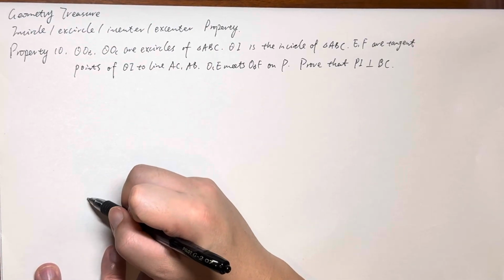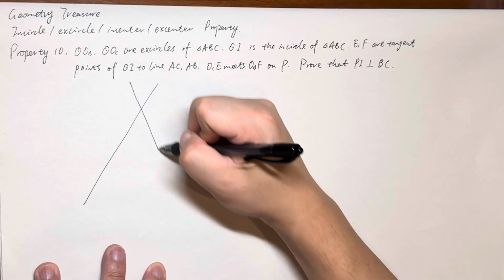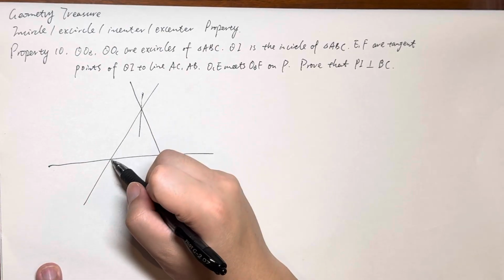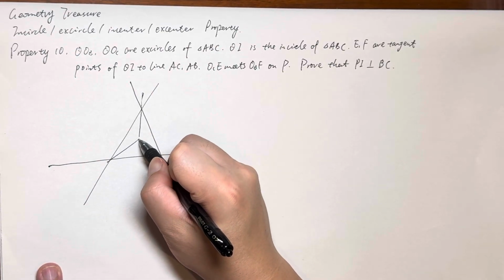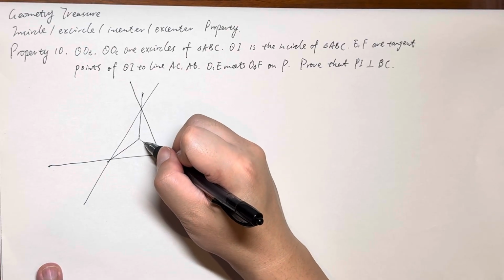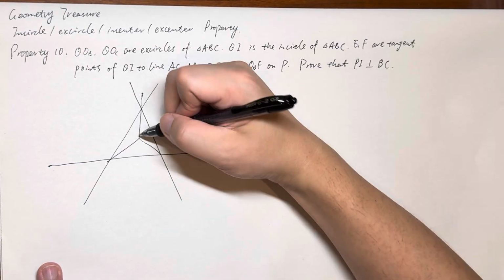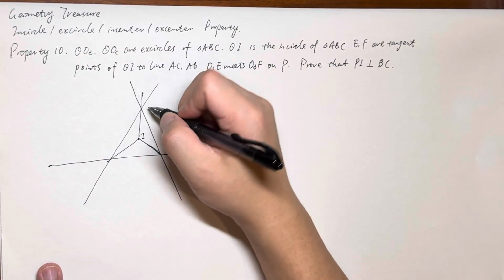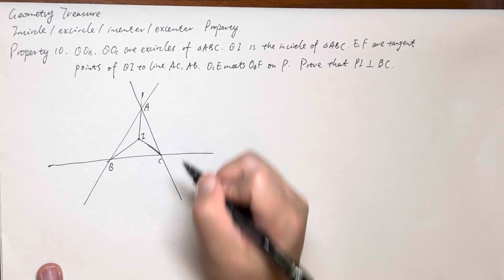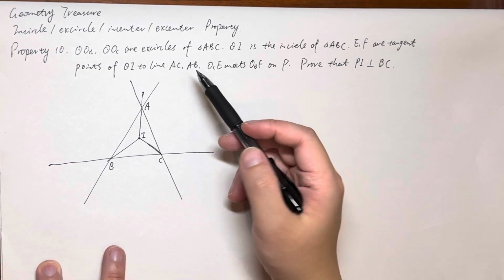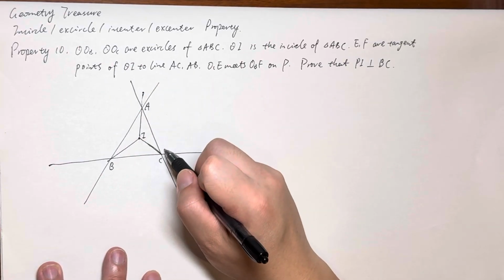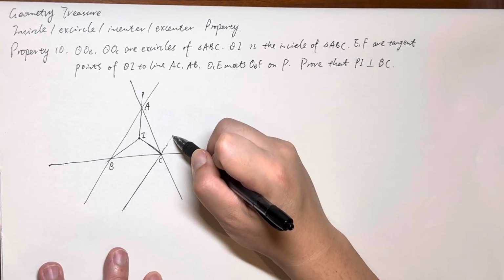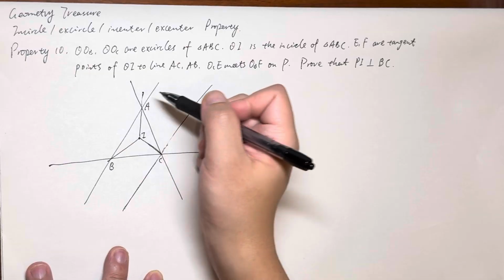So this is point I, this is A, B, C. And we want to find the circle OB and circle OC.